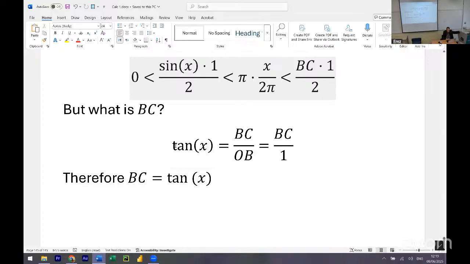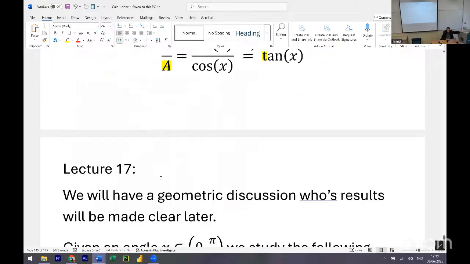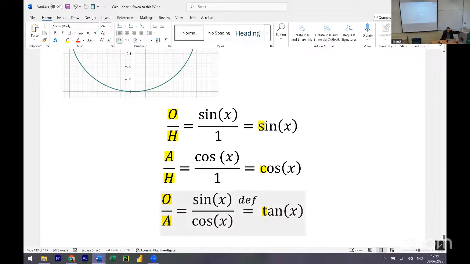So that's what I use directly. That's why BC is the tangent, and as we said before with the tangent line, when the angle turns to pi/2, the length of the tangent goes to infinity. What is the definition of tangent? The definition of tangent is sine over cosine, yeah. That's the definition, okay?